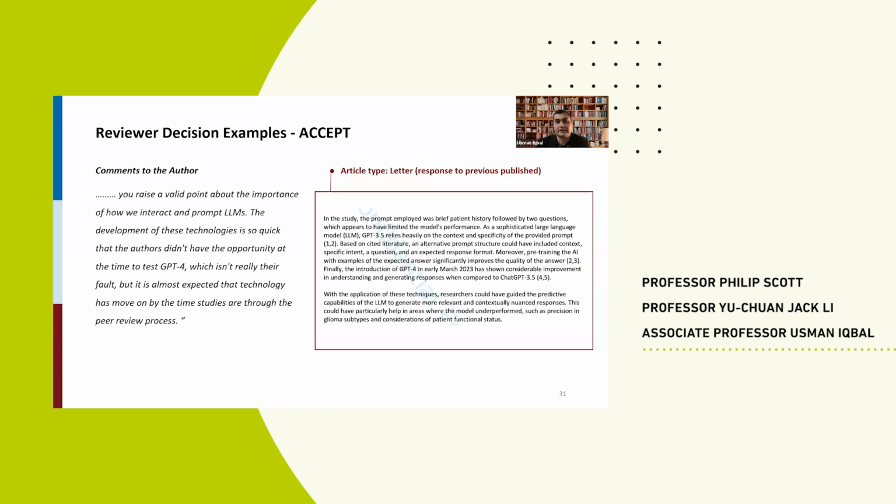In this case, they usually provide comments like, it raises a valid point about the importance. Also the reviewers understand the challenge. For example, in this particular case, the authors can't really evaluate ChatGPT 4 compared to ChatGPT 3.5 because of the time frame and the release of that. That's why the reviewers understand and recommended to accept this. And because overall the piece was good, there were no other concerns.